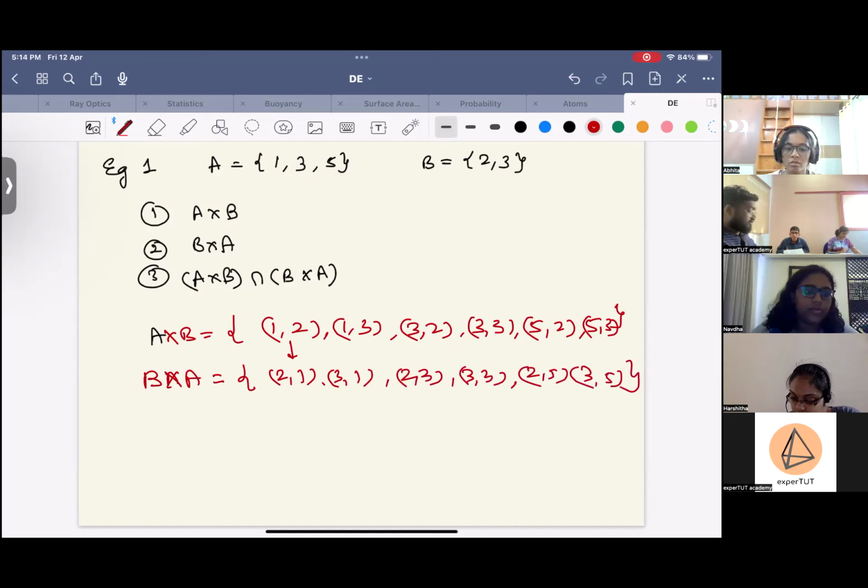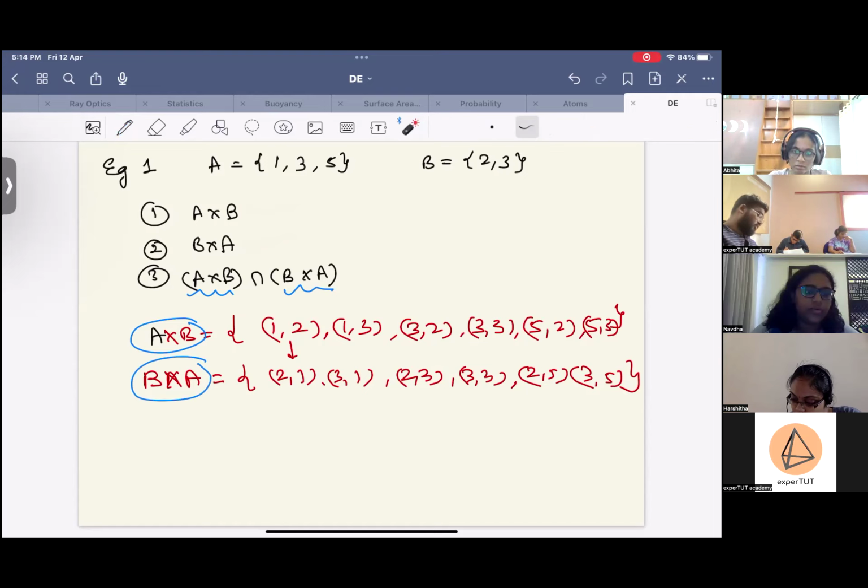Okay. So all of you have understood what is A cross B and B cross A. Now there is something called intersection. You already know what is intersection. You have to write the common elements. Any element which is common to both of them, you should write. The question is A cross B intersection B cross A. So A cross B is this, B cross A is this. What is the common?